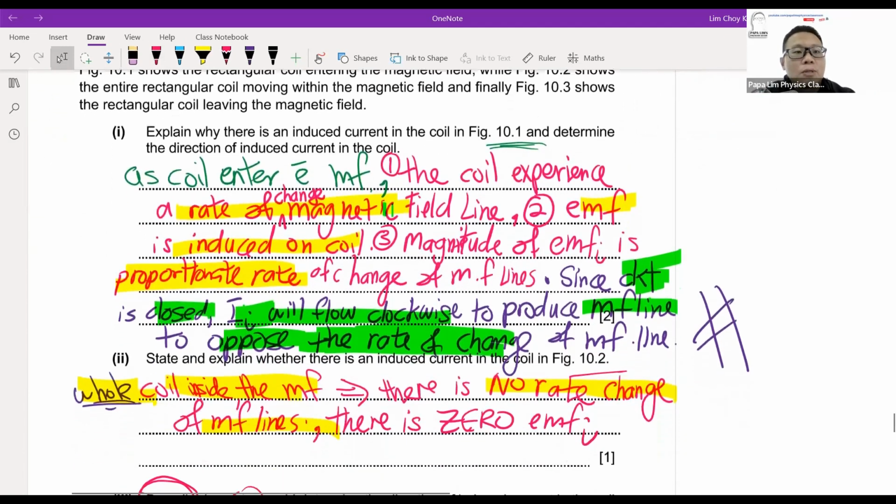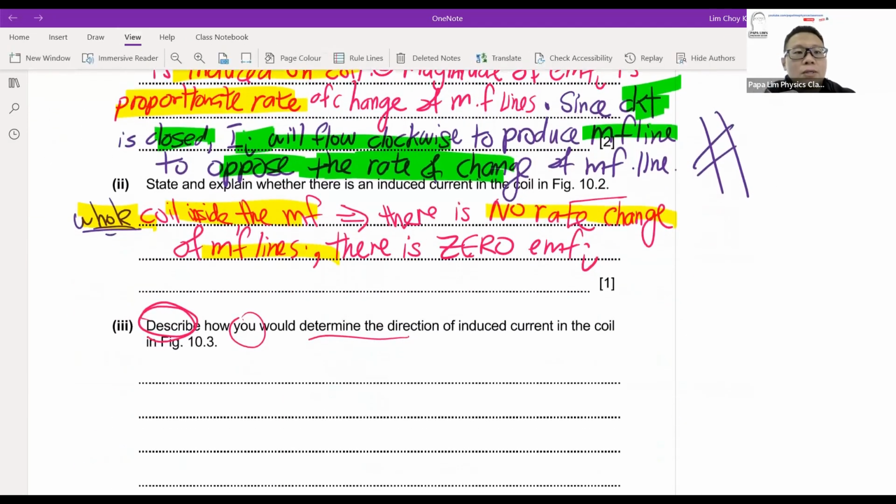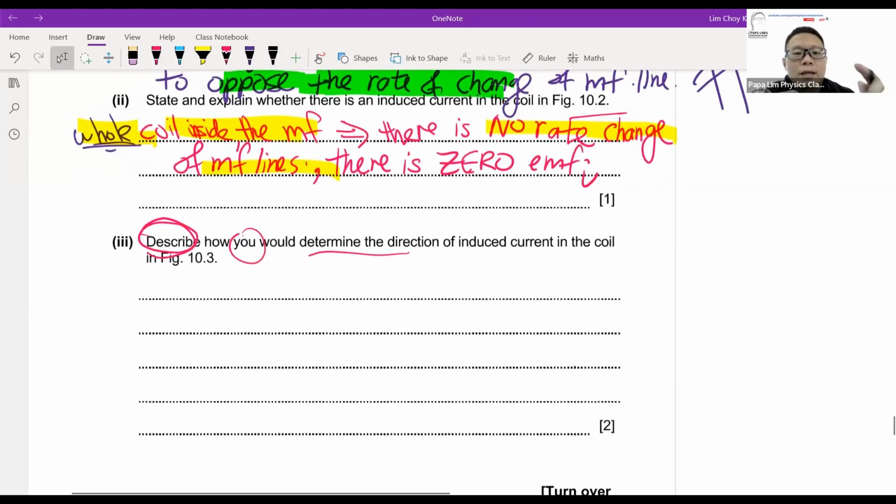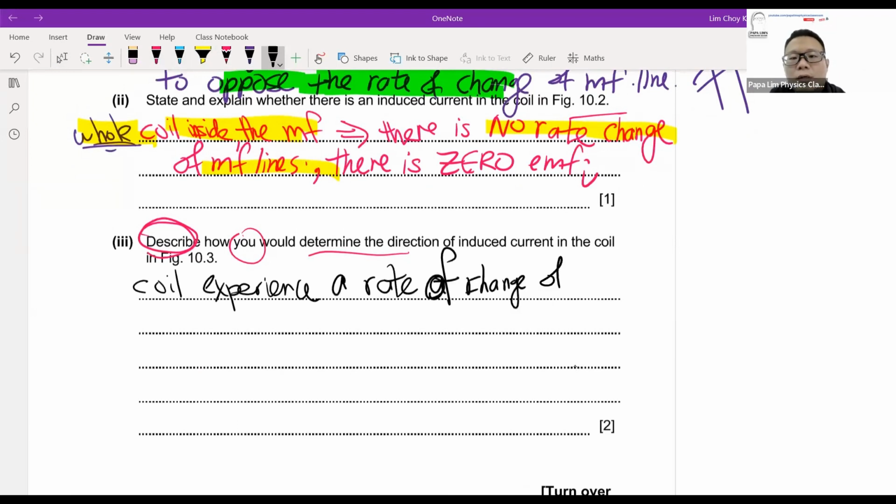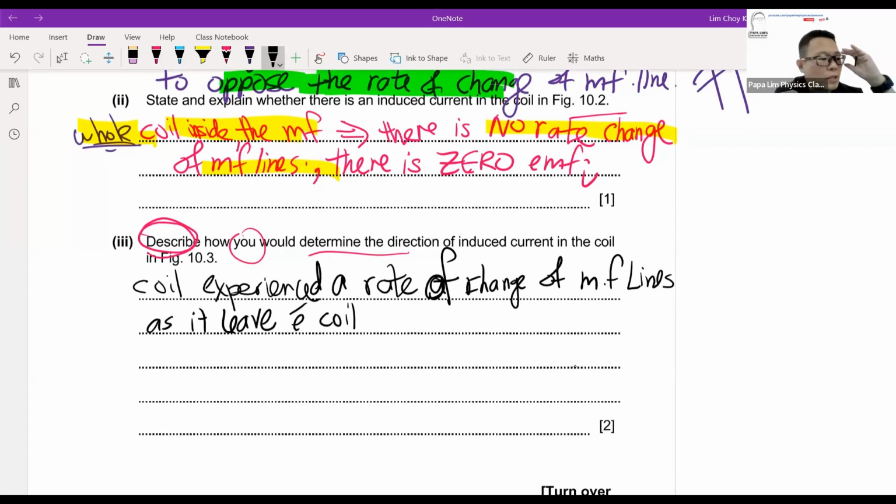Okay, so let's put all this in words. As of now, the coil will experience a rate of change of magnetic flux linkage as it leaves the field.